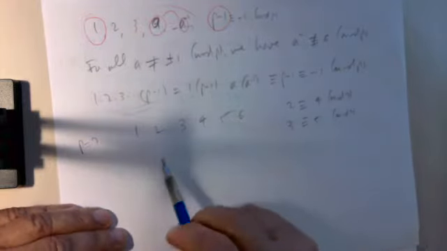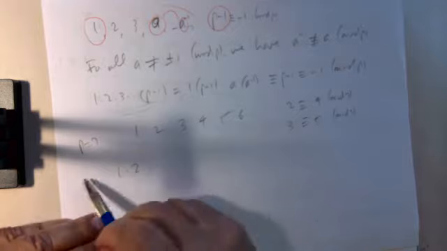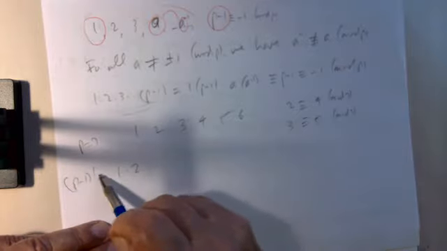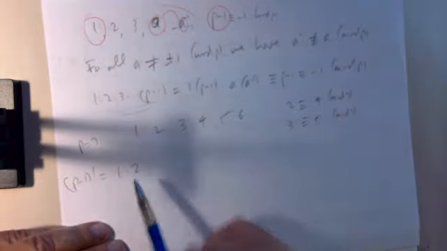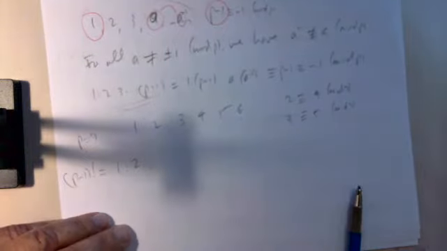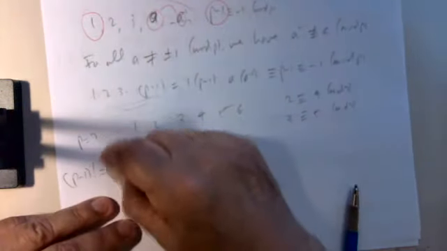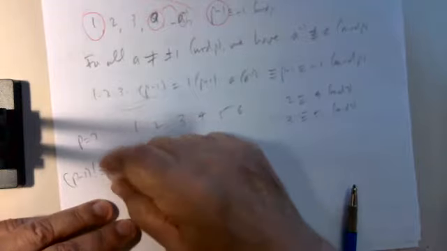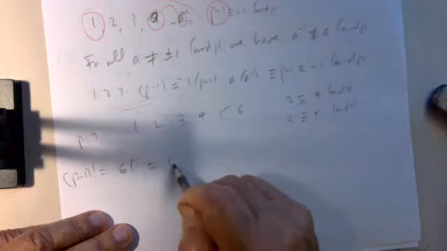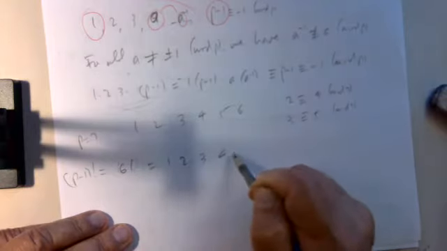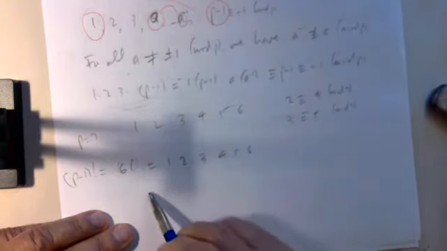So when I multiply these numbers, this is my P minus 1 factorial, it's 6 factorial. It's 1 times 2 times 3 times 4 times 5 times 6.